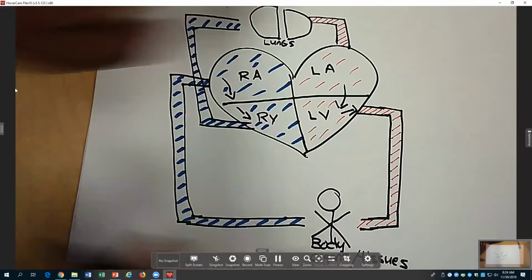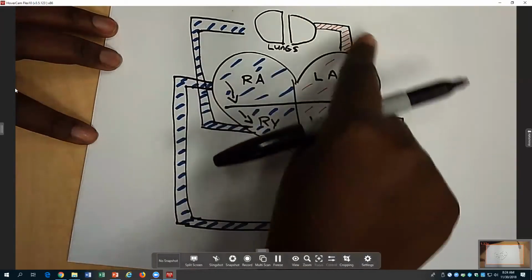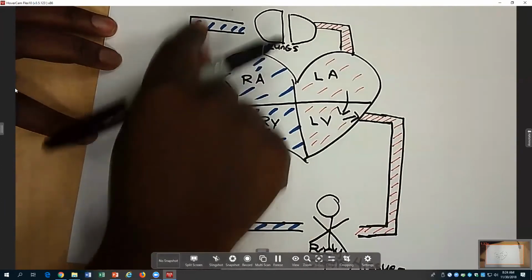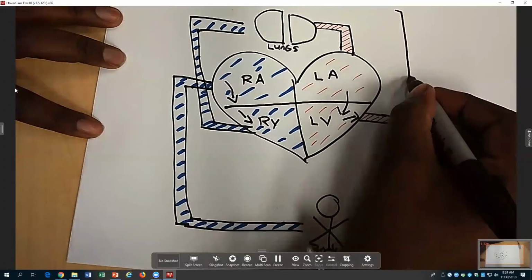Now the circulation here, where blood goes from the heart to the lungs, this is called your pulmonary circulation.